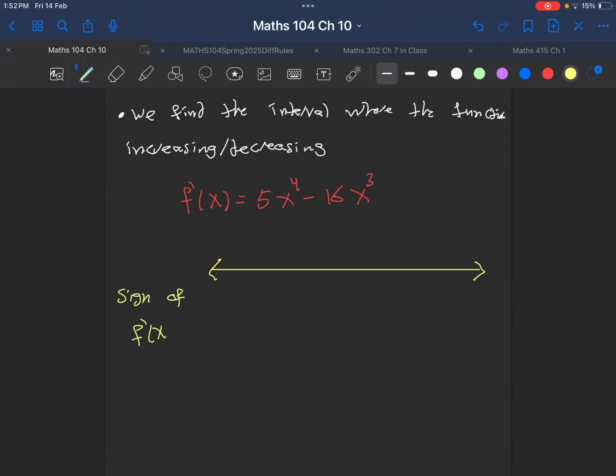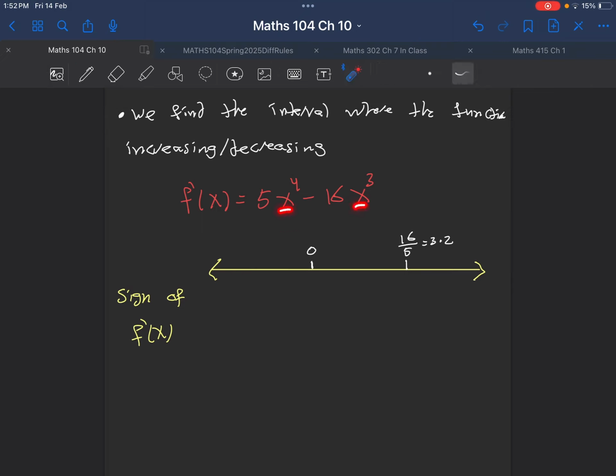We write all the critical numbers. We have two of them. We have 0 and we have 16/5. Remember, 16/5 is, we need to find the approximate value of it, which will be just over 3, 3.2.